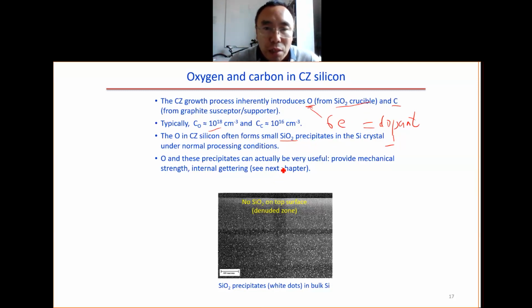Actually, this silicon oxide, the oxygen, can be very useful for getting rid of the impurity. This is called internal gettering. We will see the internal gettering in chapter 4. So what do you see here? The white color here is actually silicon dioxide nanoparticles. We will see this in the next chapter.